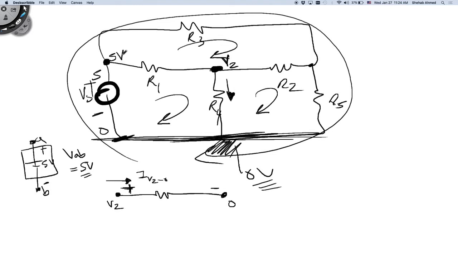This is 5 volts, right? And this is 0. How about this? V2 is equal to what? Equal to 5 only? If V2 is equal to 5, then they're parallel. They're not parallel. There's something between them.